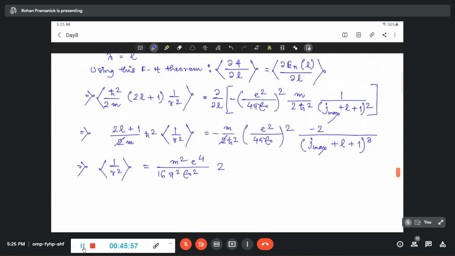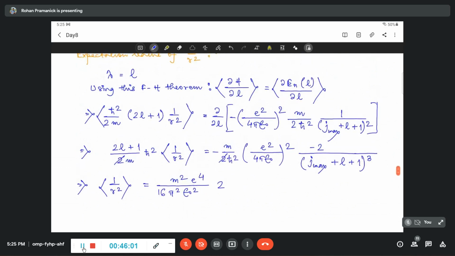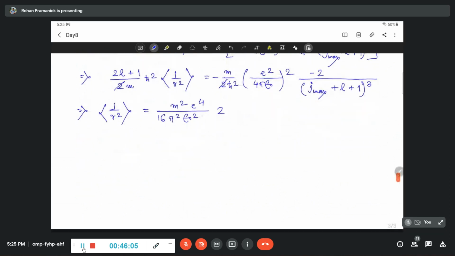Oh, I messed things up. Again, I have messed things up probably. Let's see, h cut to the power 4. Then what we have? Then we have this 1 by, so this is again n. So this is again n cube, and this is 2n plus 1, right? I hope I have written it carefully now.